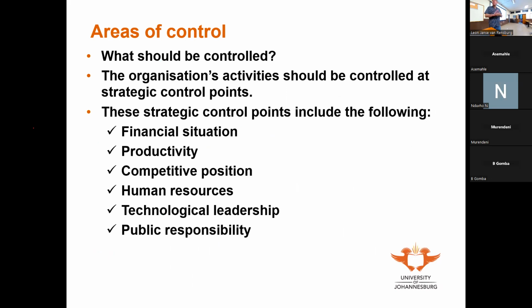The areas of control: what should be controlled? We need to ask those questions with our strategy and when we organize, what really needs to be controlled. You can control everything. You can be a control freak, but is it going to work? You don't want to control too much because that would be a problem. So you need to control the necessary things. Sometimes if you control this, it will tell you if anything here is wrong, though there might be different causes that give you this number. For example, at a top level, they will not look at production numbers at the bottom.